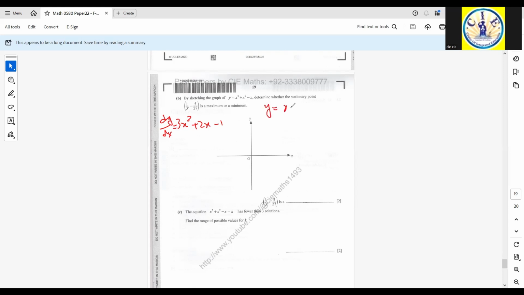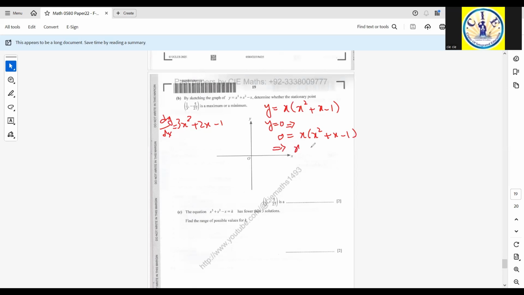We can take x common from here, x squared plus x minus 1. So when we put y equals 0, we get 0 is equal to x times x squared plus x minus 1.